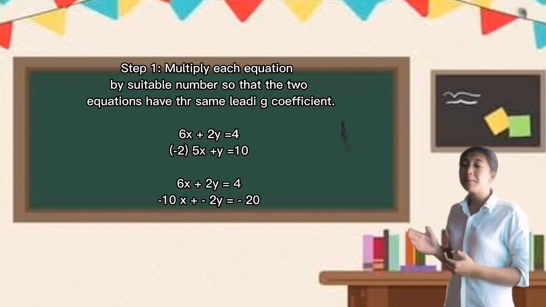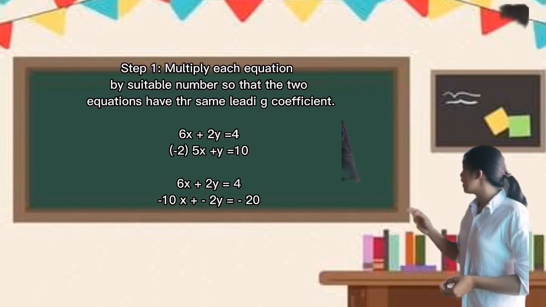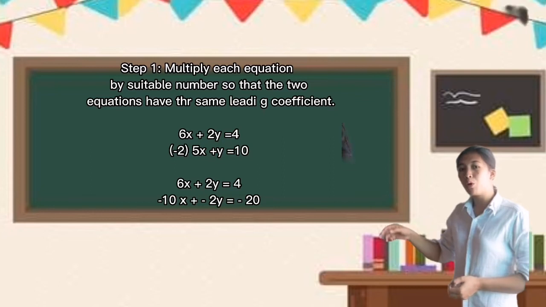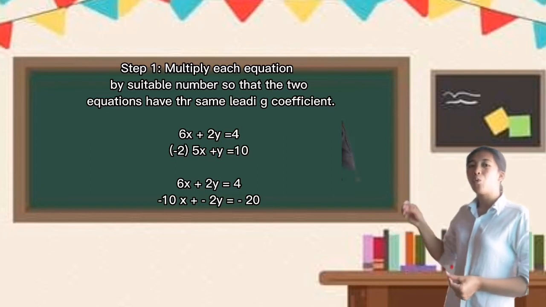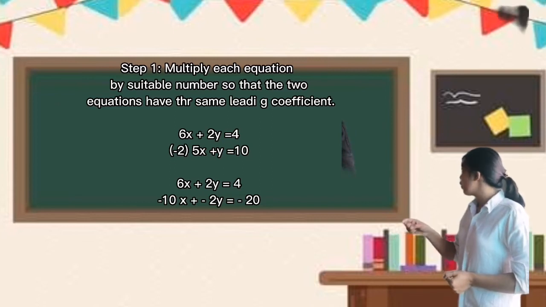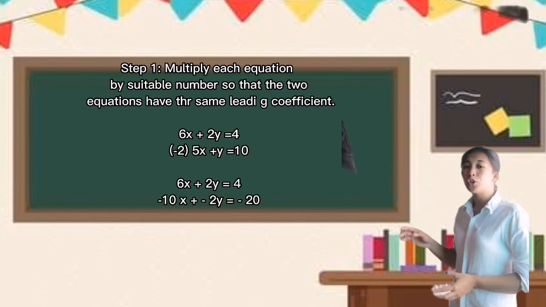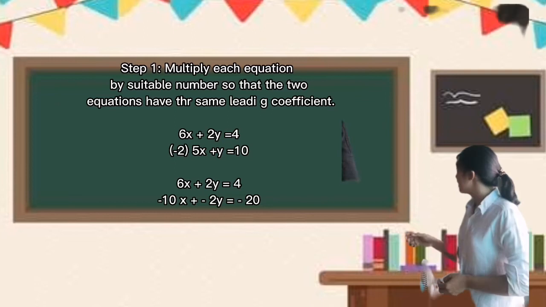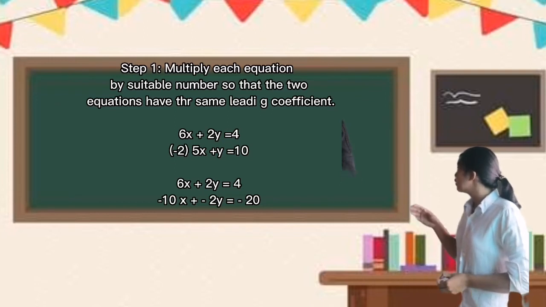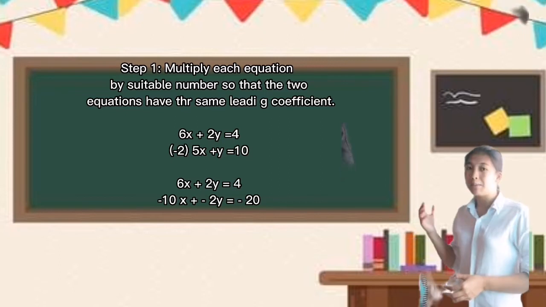To eliminate one variable, we need to pick one of the equations and multiply it by a positive or negative number so that a variable will be eliminated.